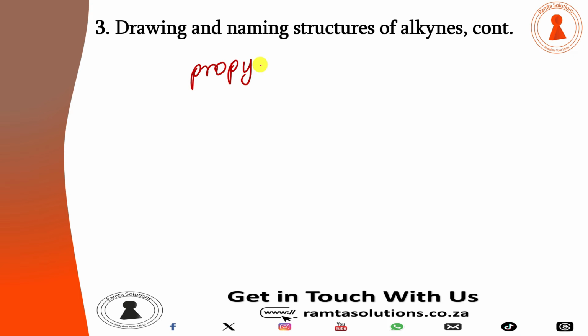Now, let's try propyne. Prop means you have three carbons, but propyne, with the functional group -yne, means you have at least one triple carbon-carbon bond. Whether you draw it here or here, it doesn't matter.